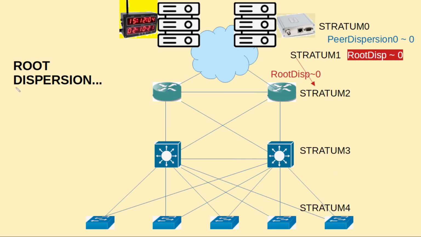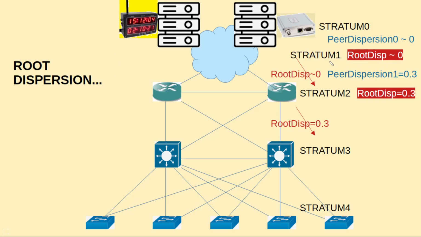Now let's talk about how the root dispersion process works. It is pretty similar to what we saw with root delay. Every single stratum is going to calculate first a peer dispersion value with the previous stratum, and then it is going to use this peer dispersion value in order to calculate a new root dispersion value at that stratum.